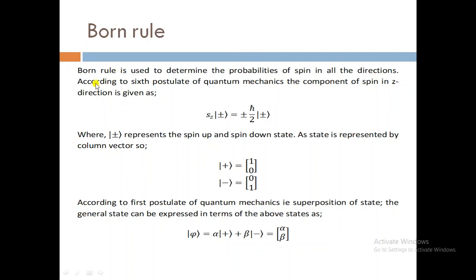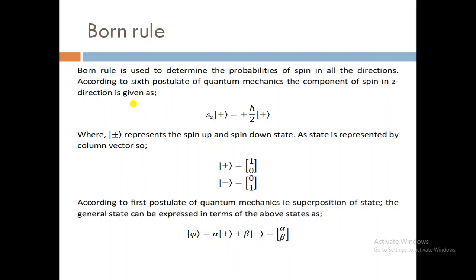According to the sixth postulate of quantum mechanics, the component of spin in z direction is given as what? What we have known is that the component of spin has two eigenvalues, plus minus h cut by 2.